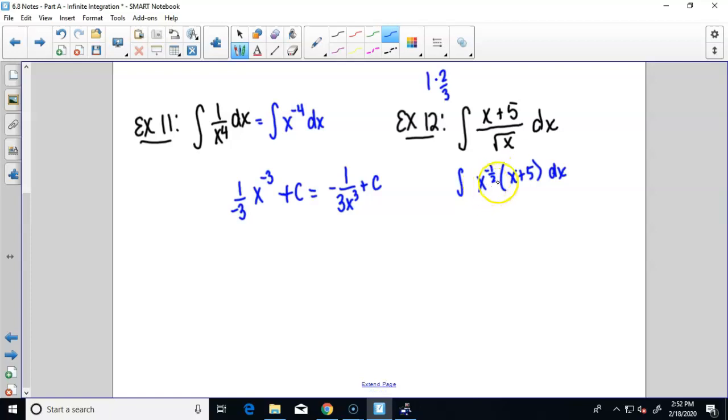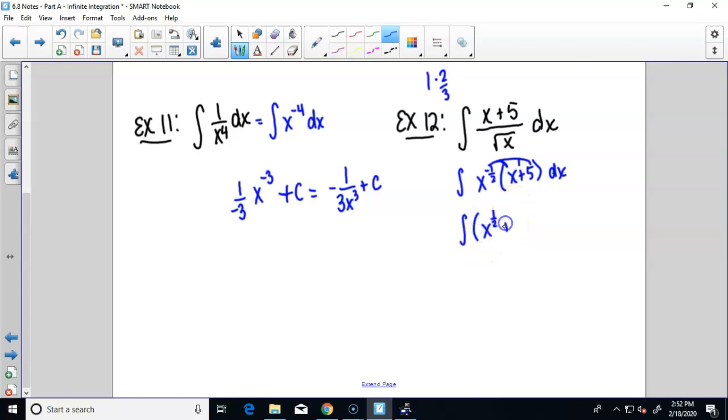And then if we've got x to the -1/2, we could distribute that because we don't know a product rule either. So we could not take the integral like it is. But we could distribute, and we would have, what are we going to get when we do x to the -1/2 times x to the 1st? X to the +1/2.